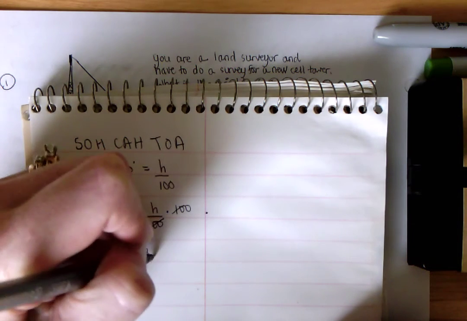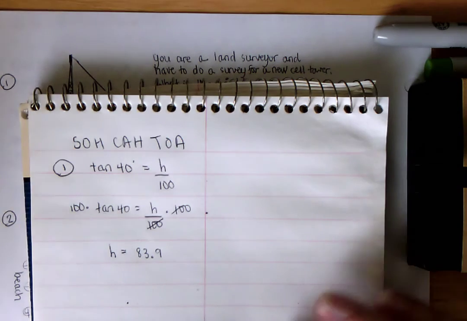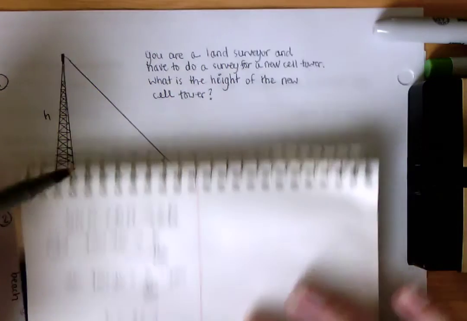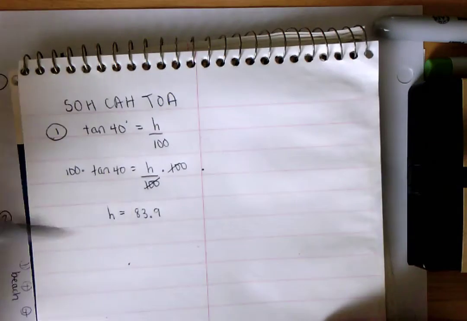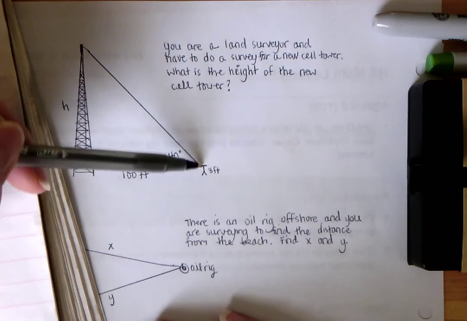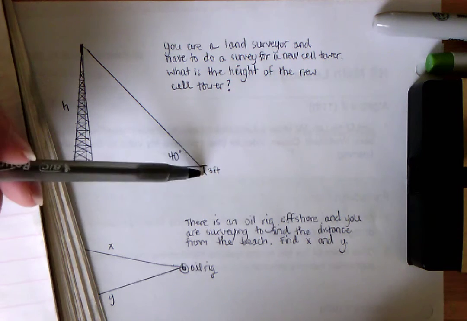So 83.9, and depending on what we're dealing with, we had feet here. So this is 83.9 feet, but we're not done yet because if you remember, the height of the surveyor's pole here is 3 feet.